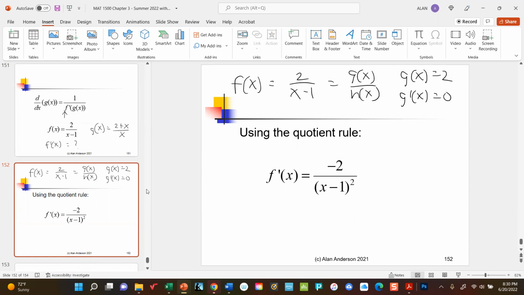From the constant rule, h of x is x minus 1. h prime of x is just 1. Okay, the derivative of x is 1. The derivative of any constant is 0. So remember how this works.